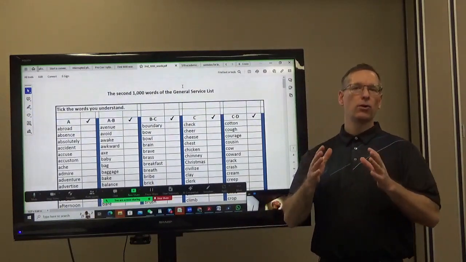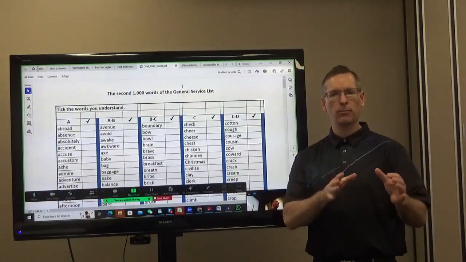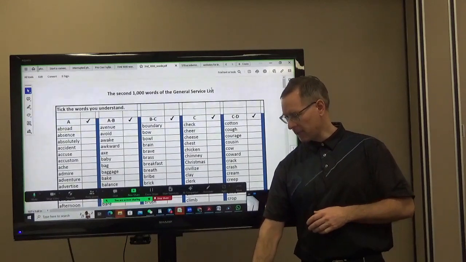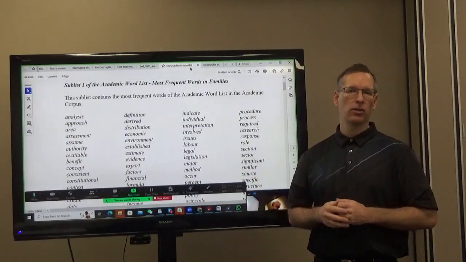Now I would do this regardless of whether you're learning general English or academic English, but for those of you who are moving into the academic arena, I would also recommend going to the academic word list.